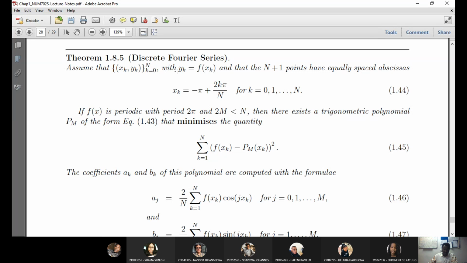Now, the function that we want to approximate, that's our f.